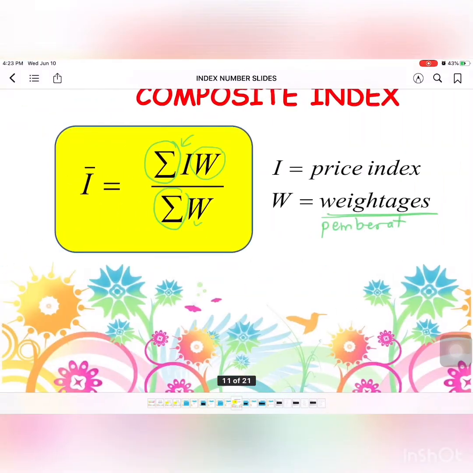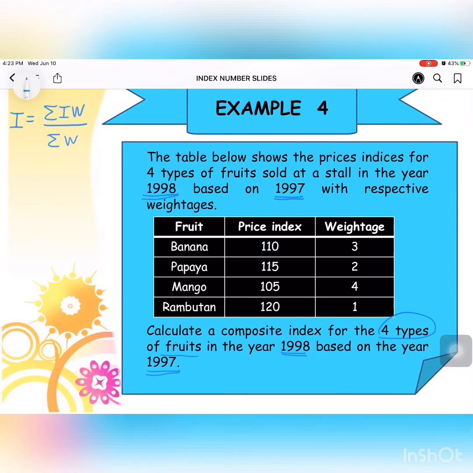Okay, so for composite index we have I-bar. This is easy. Why do I say easy? You have the price index, you have the weightage.